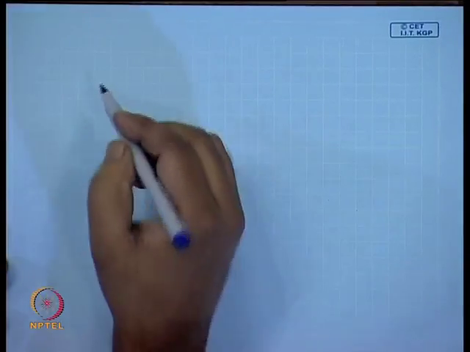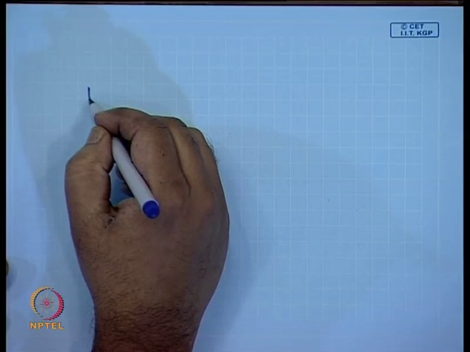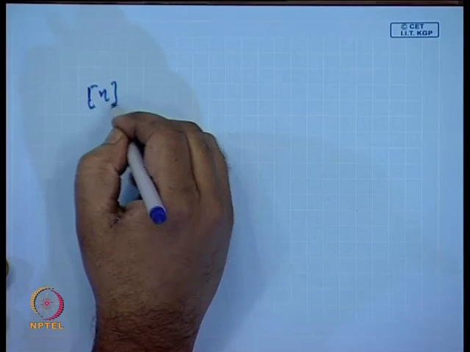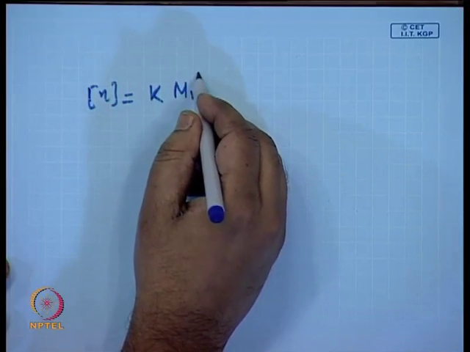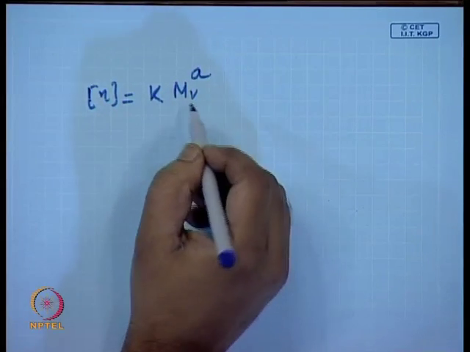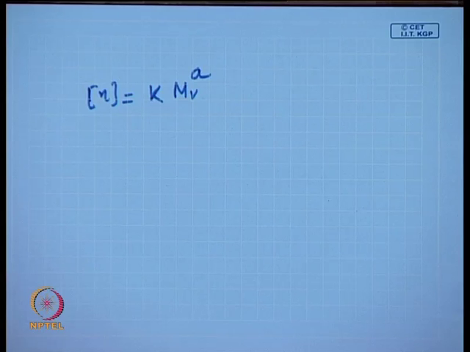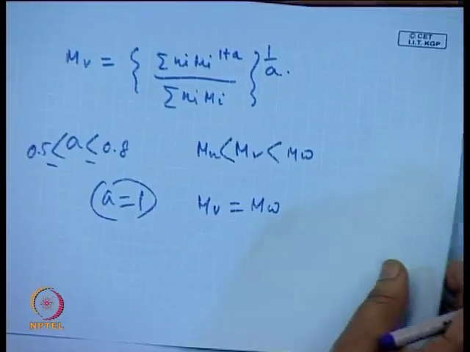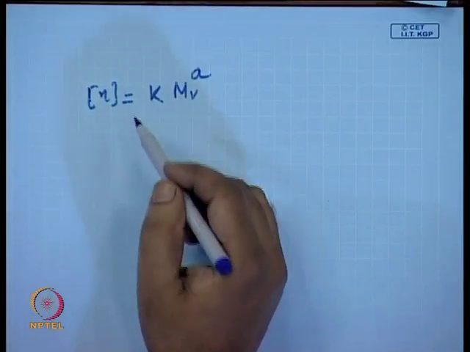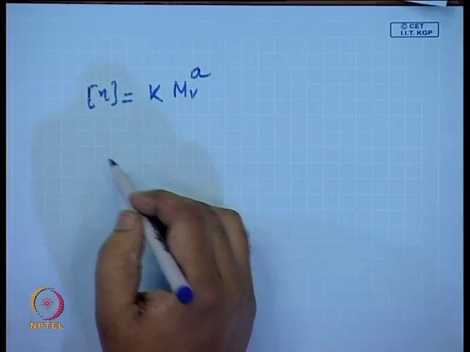So, now we know intrinsic viscosity is K M_v to the power a. We just got the expression for M_v, which is given here.